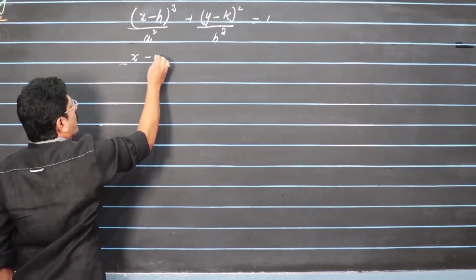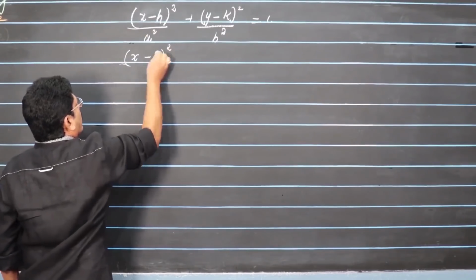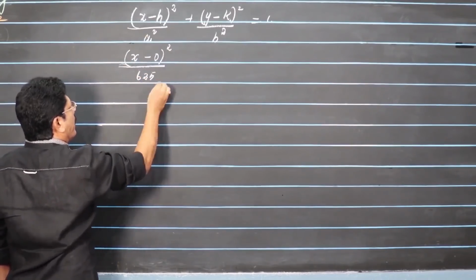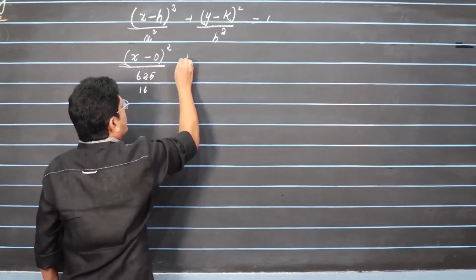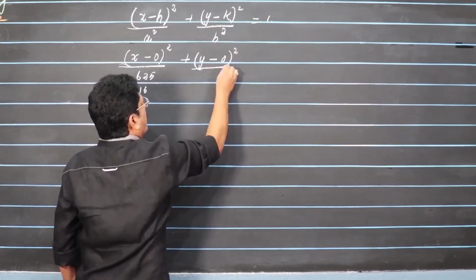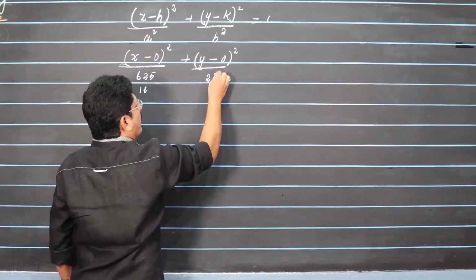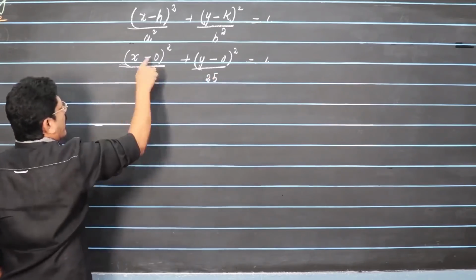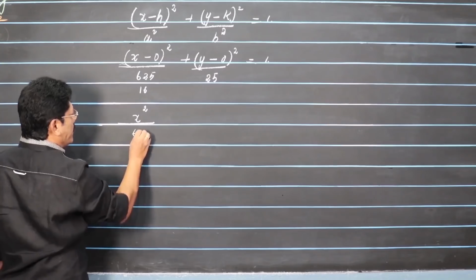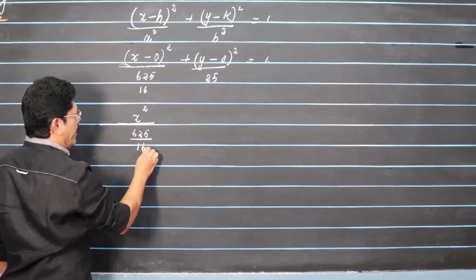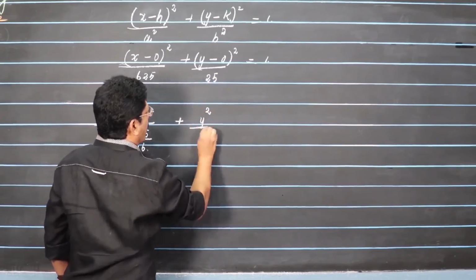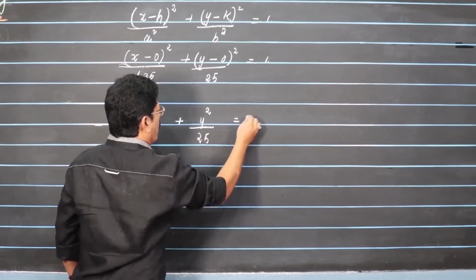x minus the value of h, which is 0, the whole square. The value of a squared is 625 by 16, plus y minus the value of k, which is 0, the whole square. The value of b squared is 25, equal to 1. x minus 0 the whole square will give you x squared divided by 625 by 16, plus y minus 0 the whole square will give you y squared by 25, equal to 1.